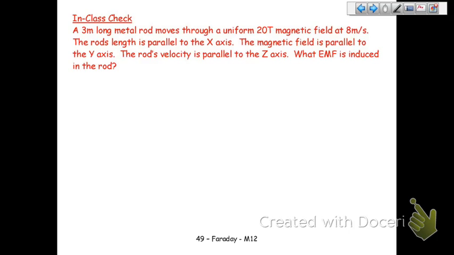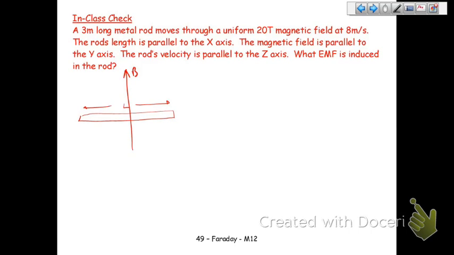So a 3 meter long metal rod moves through a uniform 20 Tesla magnetic field at 8 meters per second. The rod's length is parallel to the x-axis. There's my L. The magnetic field is parallel to the y-axis.